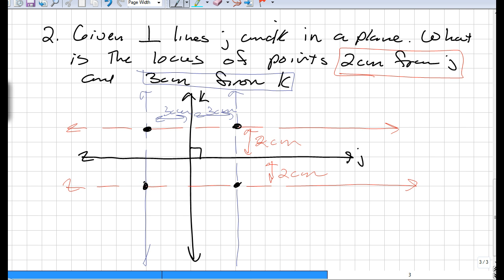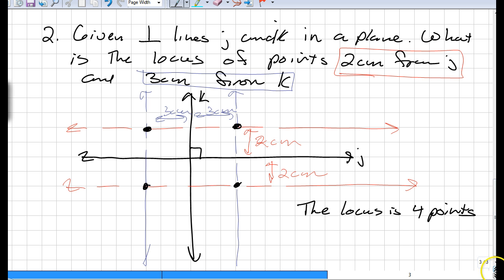So the locus would be 4 points, because there's exactly 4 points that meet both conditions.